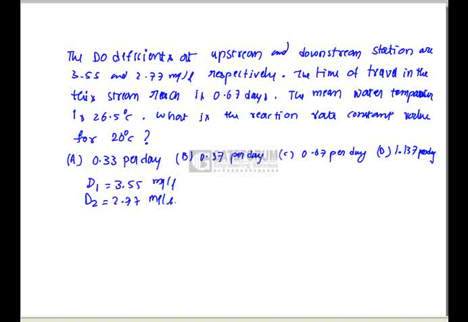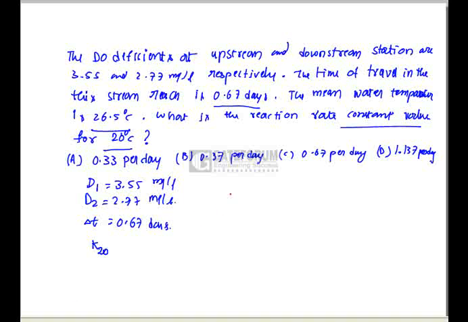The time of travel in this stream reach is 0.67 days, so delta T is 0.67 days. The mean water temperature is 26.5 degrees centigrade. What is the reaction rate constant value for 20 degrees centigrade? We have to find the reaction rate constant at 20 degrees centigrade.